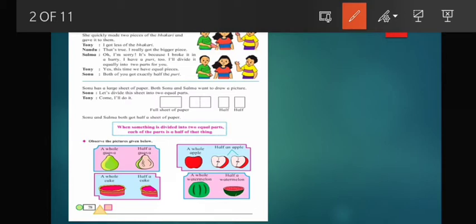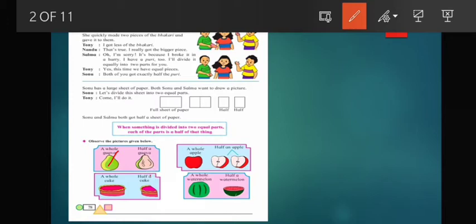So when any object is divided into equal parts, each part is half of that object. For example, there is a guava. When you cut it into equal parts, it becomes half. So this is the half part of the guava.